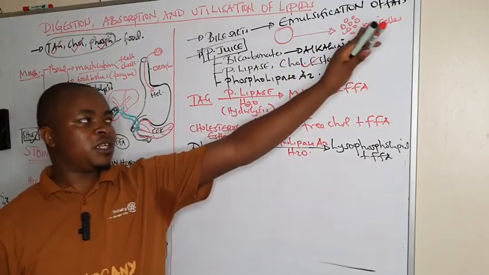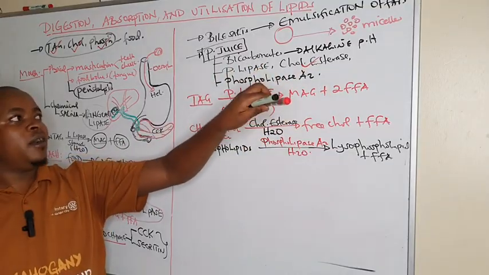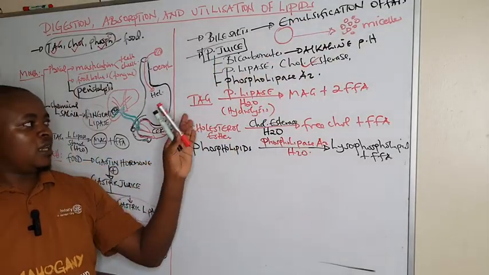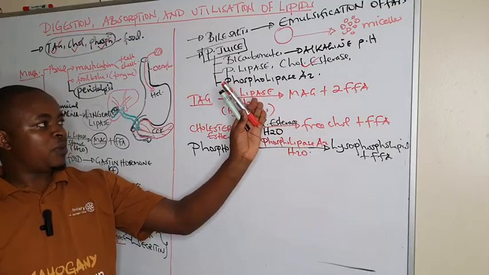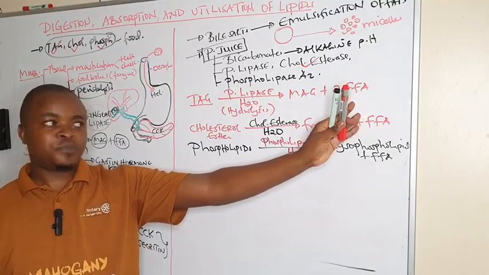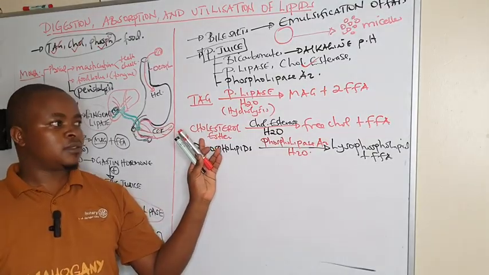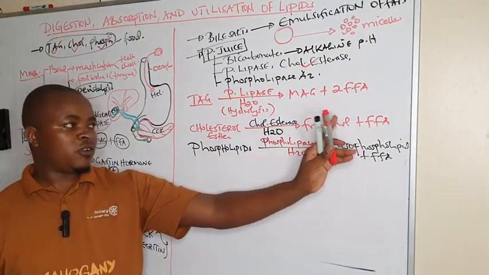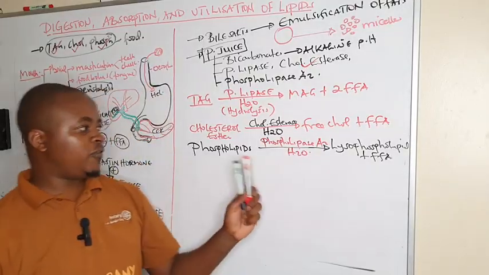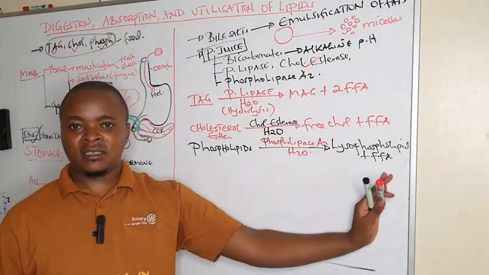Bile salts break down lipid droplets to micelles, increasing the surface area, the bicarbonates provide alkaline pH, whereas the enzymes, pancreatic lipase, hydrolyze TAGs to MAG and free fatty acids, cholesterol esterase catalyzes the hydrolysis of cholesterol esters to free cholesterol and free fatty acids, whereas phospholipids are hydrolyzed by phospholipase A2 to lysophospholipid and free fatty acids.